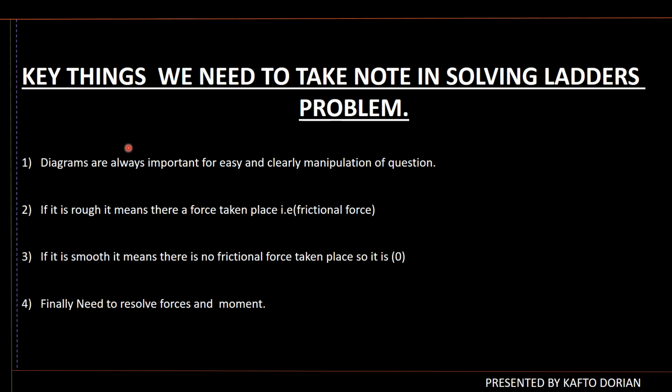The third point is that if the question mentions that the ladder is resting on a smooth vertical wall or ground, it means there's no frictional force there, so the frictional force acting at that point is zero. The fourth point is that finally we need to resolve the forces and moments. That is just all about ladders.